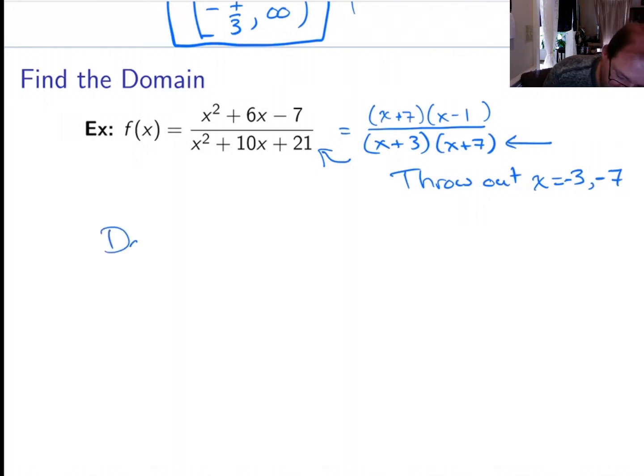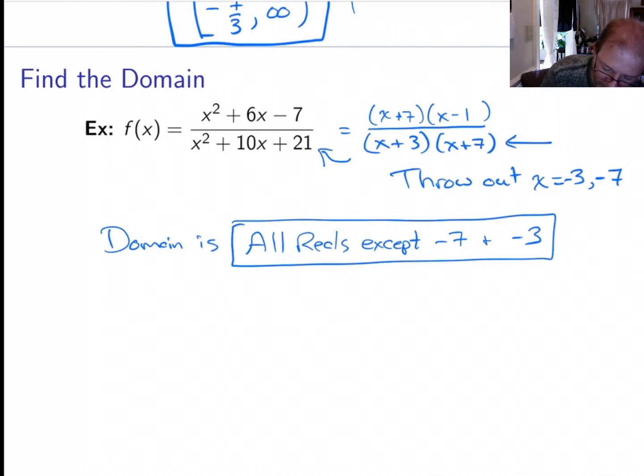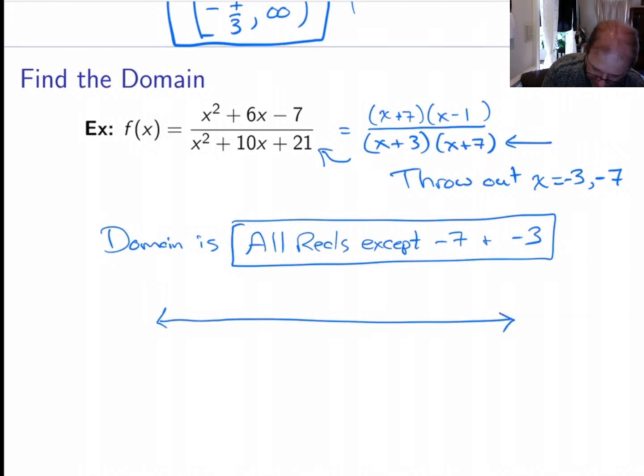So our domain here is going to be all reals except negative 7 and negative 3. Or if you want to write this in interval notation, you could say everything from negative infinity to infinity.